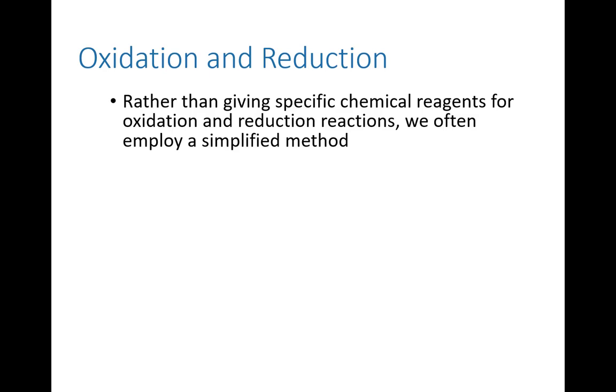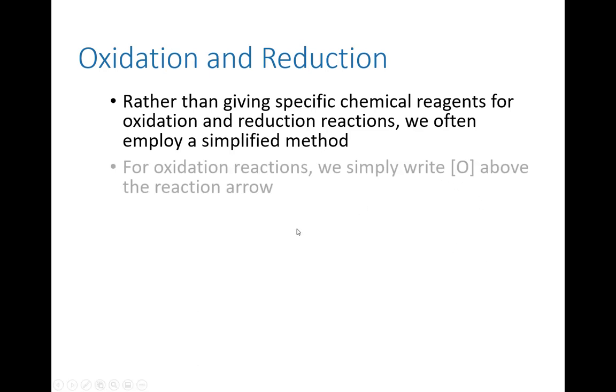Now, we can give specific chemical reagents that will tell us what will oxidize something and what will reduce something. We call anything that causes an oxidation an oxidizing agent, and anything that causes a reduction a reducing agent. But let's look at a simplified method first.